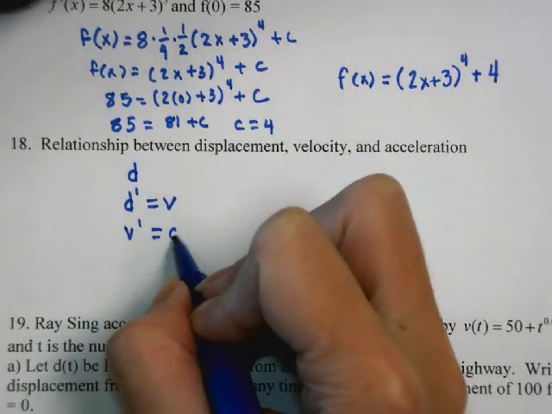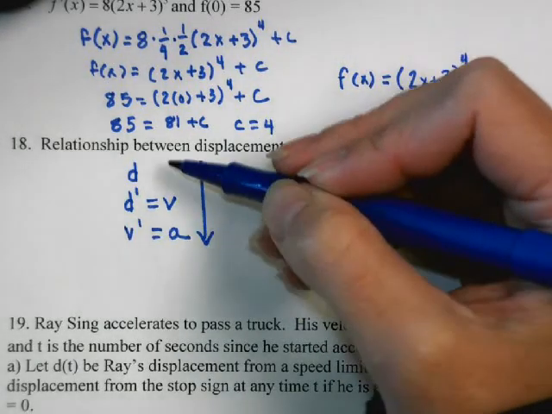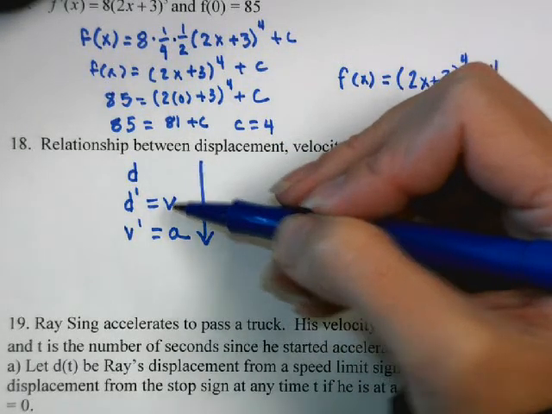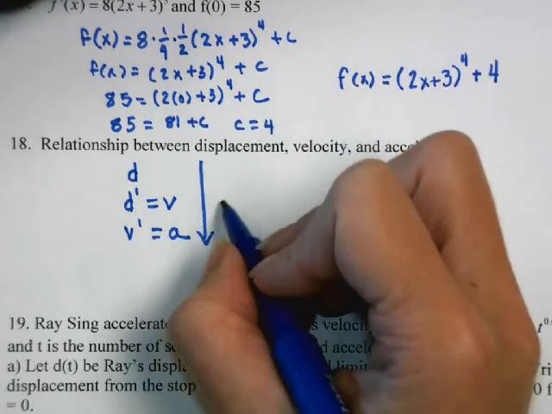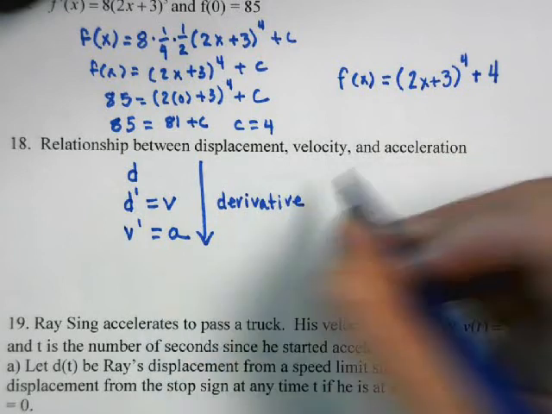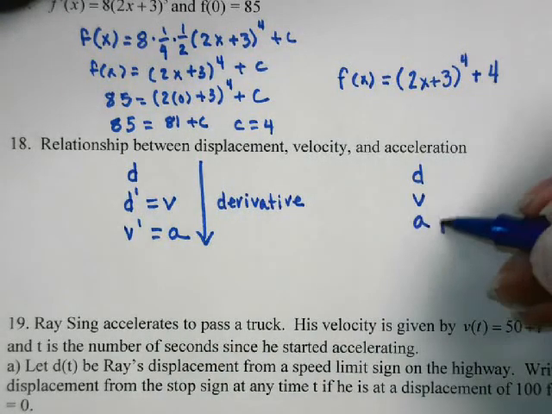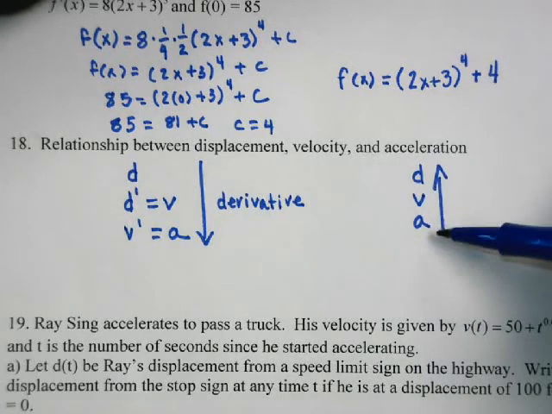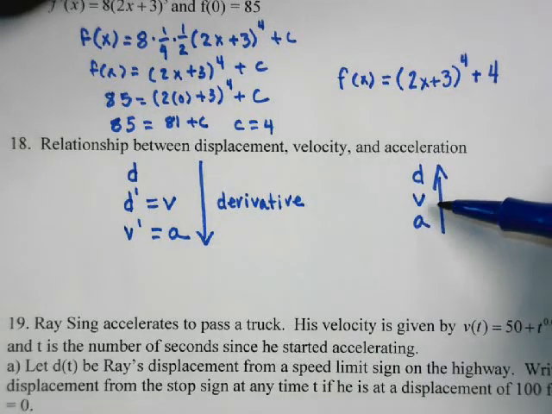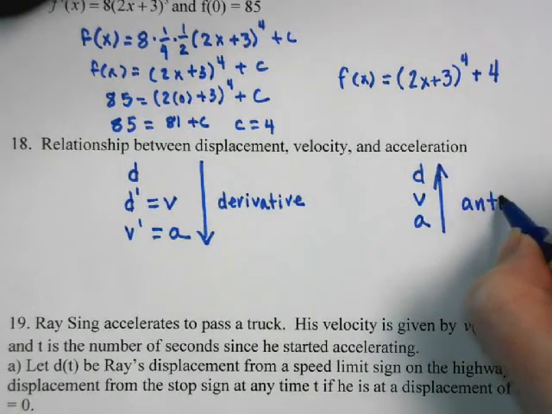The derivative of velocity is acceleration. So to go from displacement to velocity to acceleration, we're going to take the derivative. To go the other direction, if I have acceleration and I want to find velocity, or I have velocity and I want to find displacement, we're going to use the antiderivative.